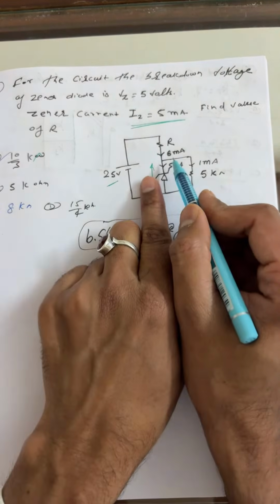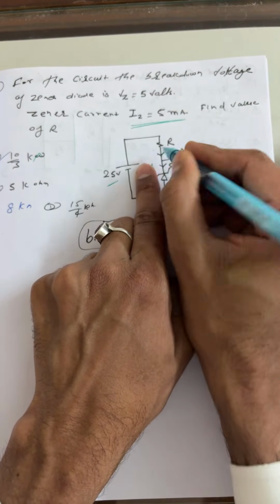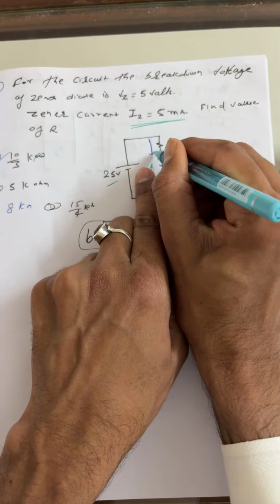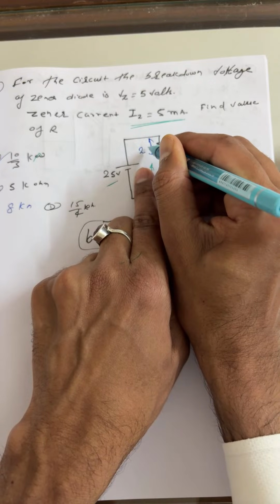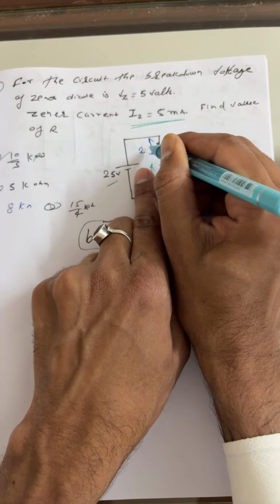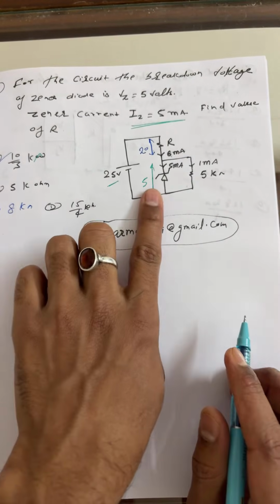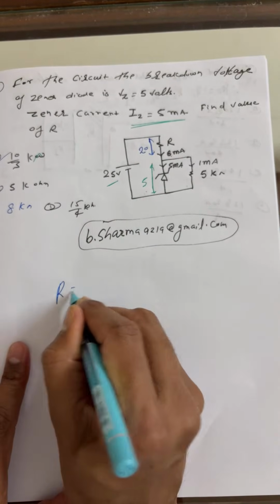Now beta, have a look here. This is 6 milliampere. This is the current we have to find here. What is the potential drop? This is 20 volt, because as I said, this is 5 volt and this is 20 volt. What is resistance?